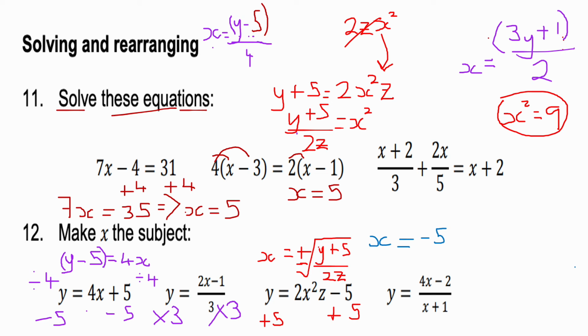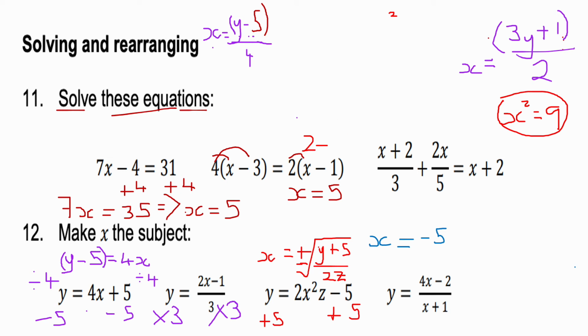Right guys, the last question for today's video. This is where the subject appears twice. So I'm going to delete this now, and I'll probably have to delete the answers to these ones, so I apologise, but hopefully you have copied it down.